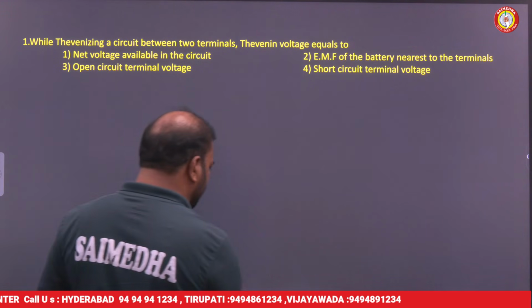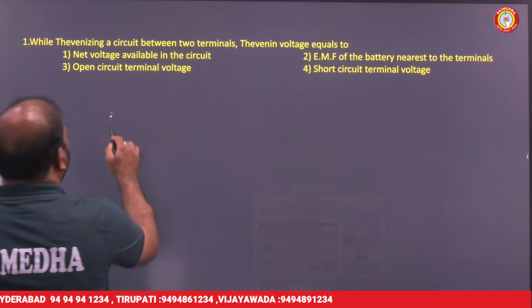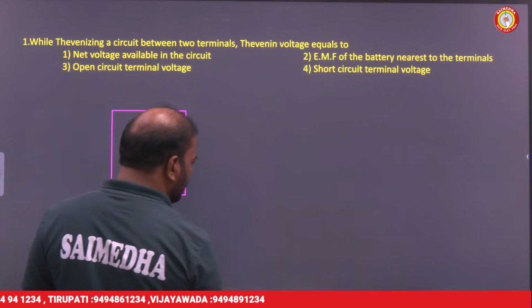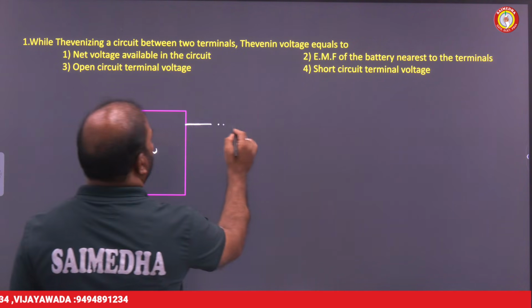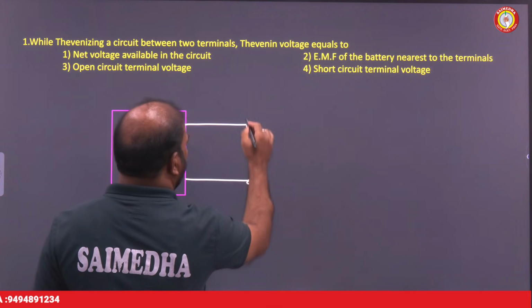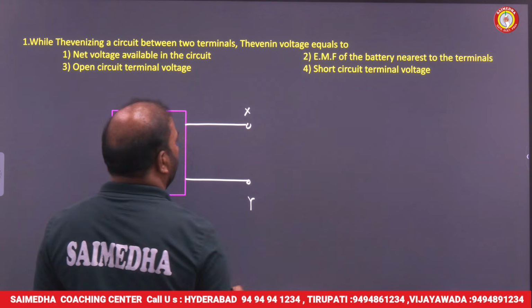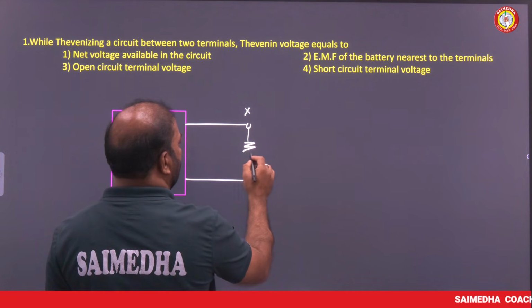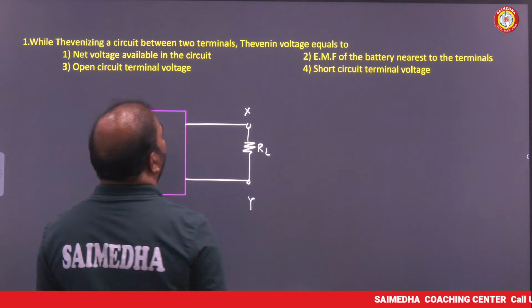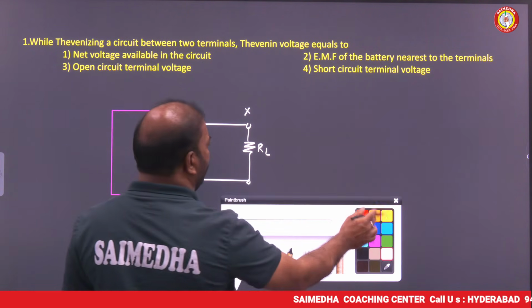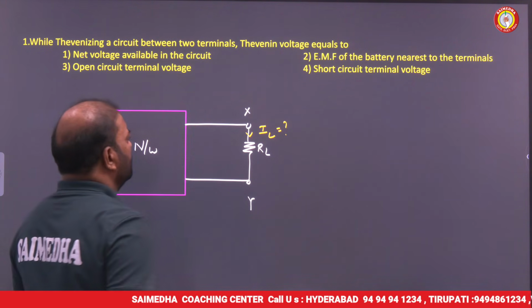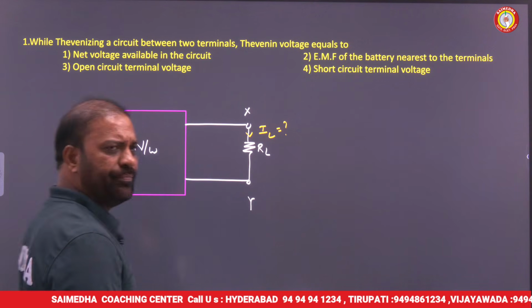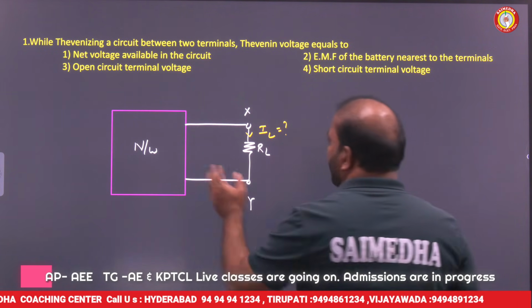See, if you have a network with the load terminals X and Y, and the load resistance is connected between X and Y, and you are interested in finding the current flowing through the load resistance R, what we need to do is apply Thevenin's theorem.